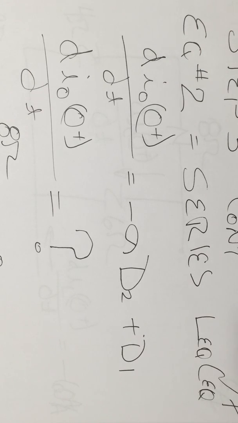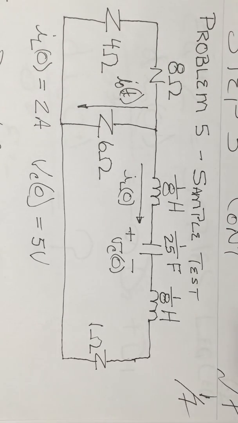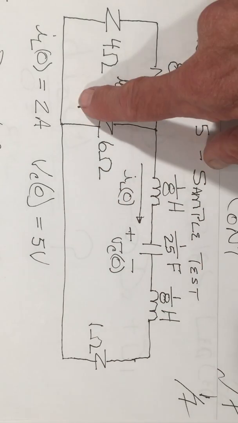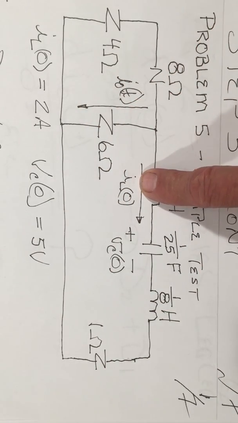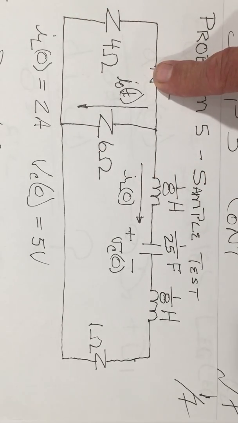I go back to the original circuit again, and I see that this is a series network. So I can find dIL(0+)/dt using Ohm's law for the inductor. That dIL(0+)/dt is going to divide just like the 2 amp current did, part of it going up this way and the other part going up that way.